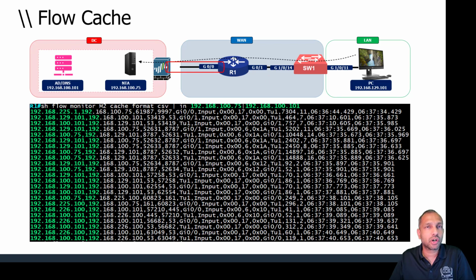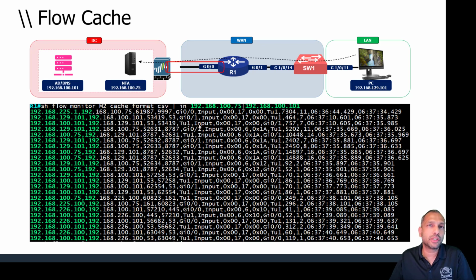That way you will not get every flow, so it is easy to visualize. I got the output in CSV format using the format CSV option, so I can easily open it in Excel rather than working through it one by one.